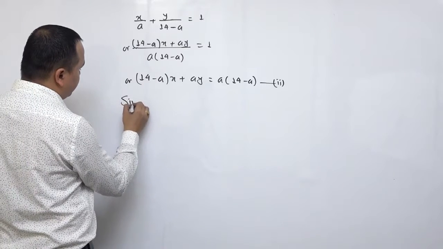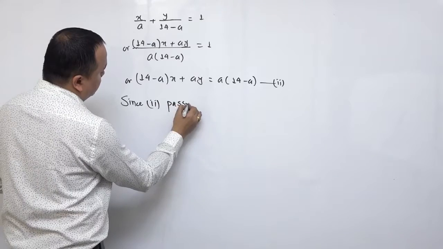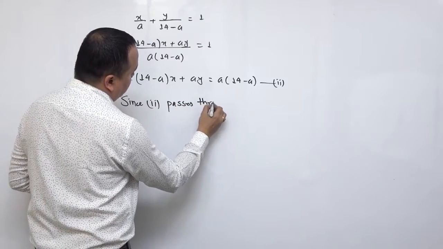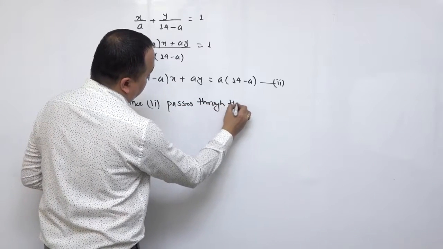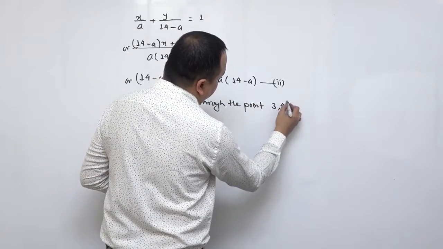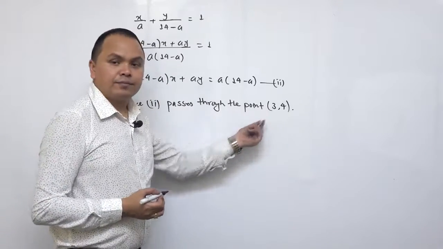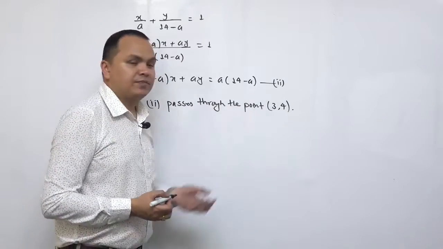Since equation II passes through the point 3, 4, put x is equal to 3 and y is equal to 4 in equation II.